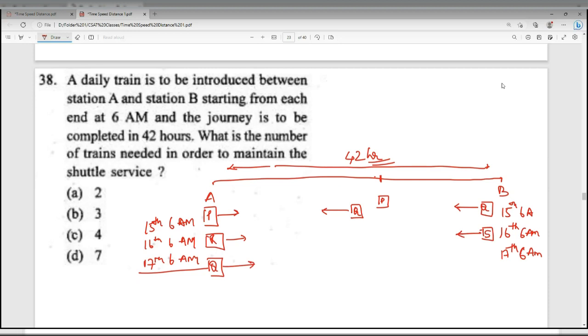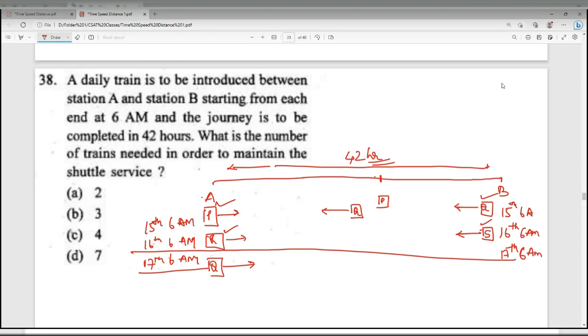So in this way, we need at least 4 trains, P, Q, R, and S, to maintain the daily shuttle service. This is a pure logic-based question.